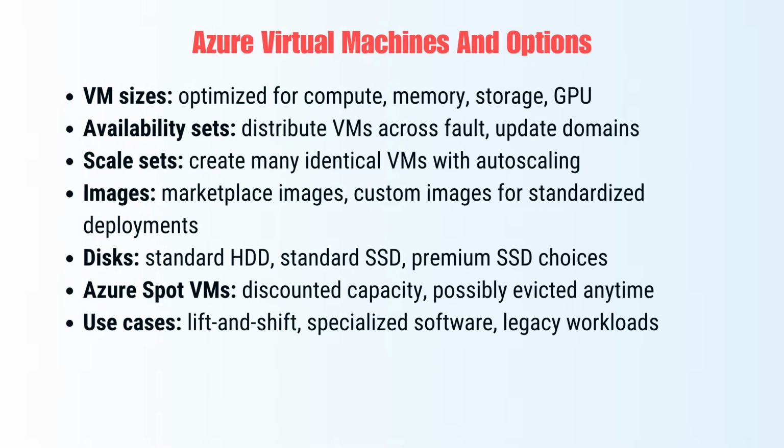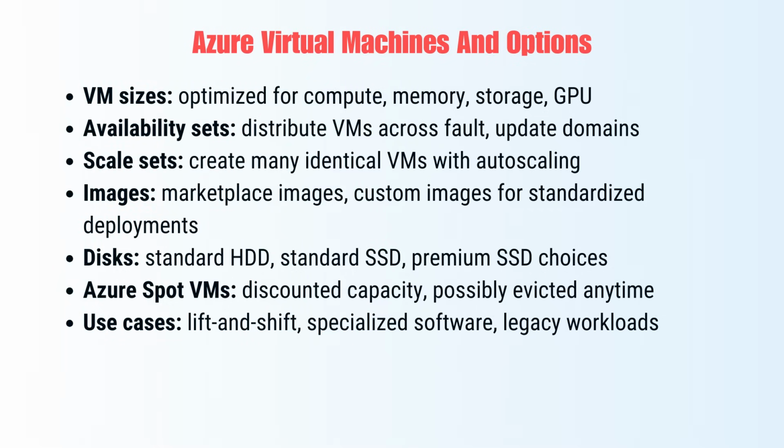Storage is another key choice. You attach OS disks and data disks using different SKUs like standard HDD, standard SSD, or premium SSD, each with different performance and cost. Azure also offers spot VMs, which use spare capacity at a big discount but can be reclaimed by Azure when needed.